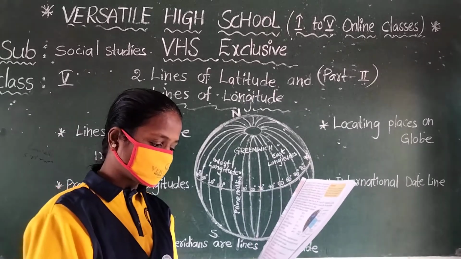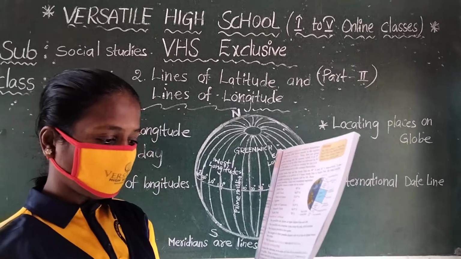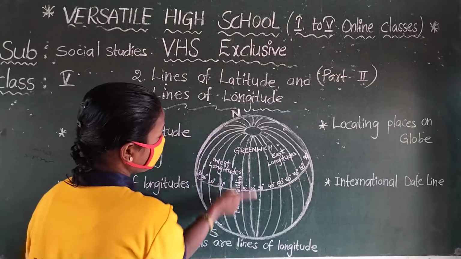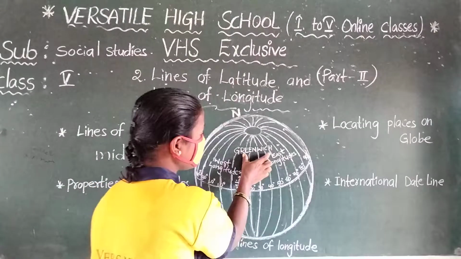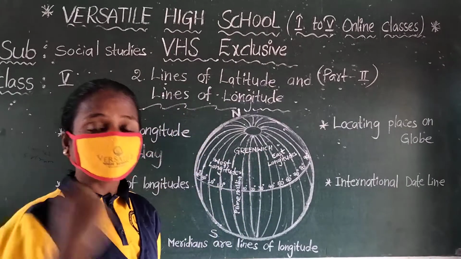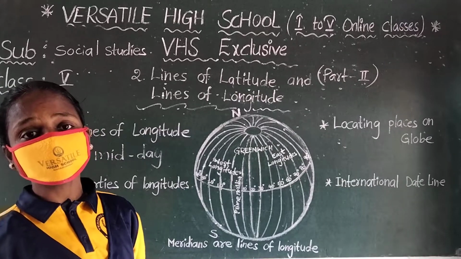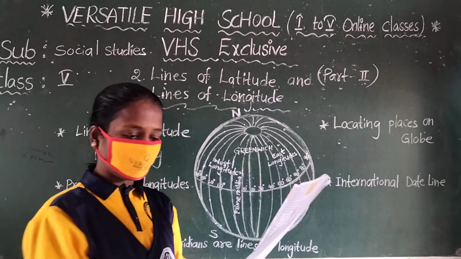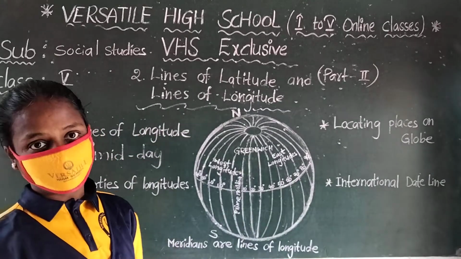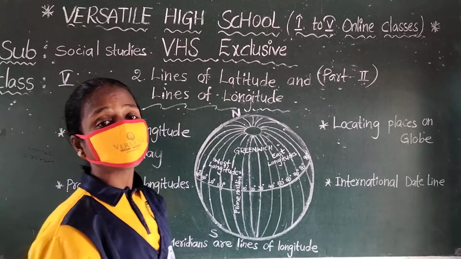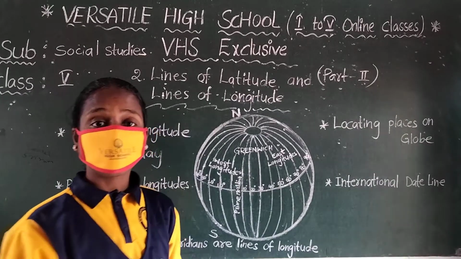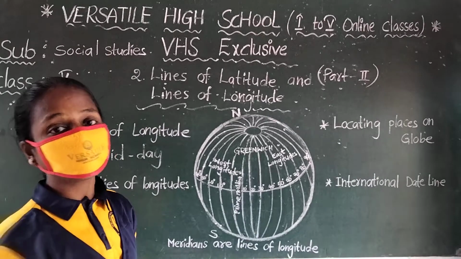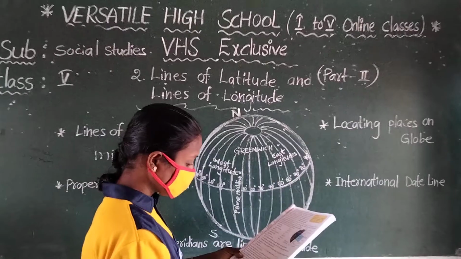The longitude that passes through the observatory at Greenwich near London. See that the line of longitude passes through Greenwich. Where is Greenwich? In London. The meridian that passes near London is the prime or main meridian. See this picture.